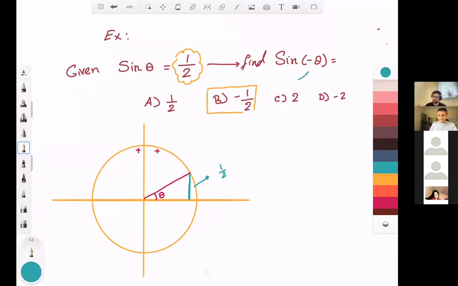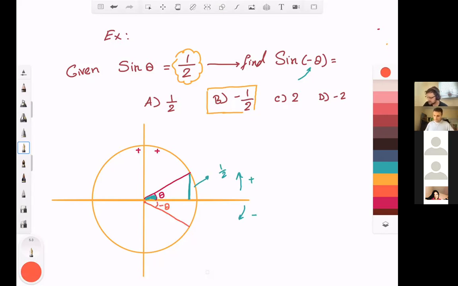Now I said negative theta. That means whatever is this much, which in this case is 30 degrees, this is positive direction, the other one is negative direction. So if I go here, this will be negative theta.